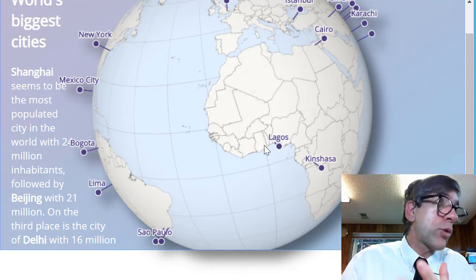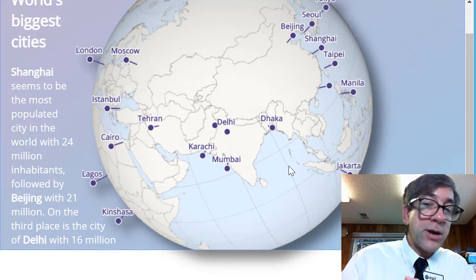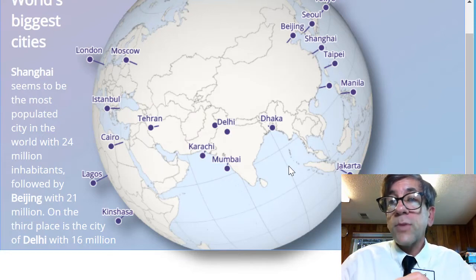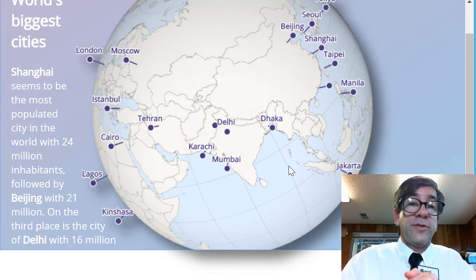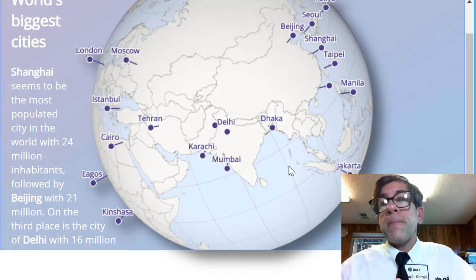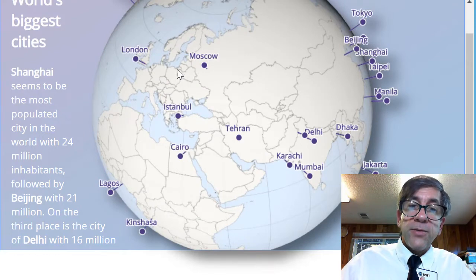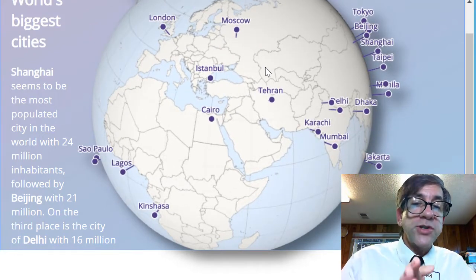Which countries have more than one of these large cities? And if so, why does it matter that China and India, for example, have so many of these? Also, what's the closest in this list to where you live? Okay? So lots of things you can do with this wonderful 3D globe of the world's largest cities.